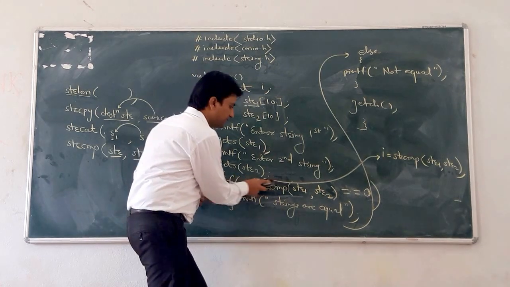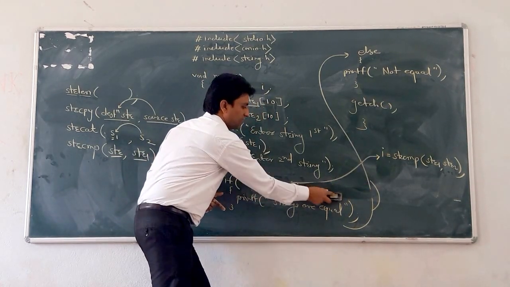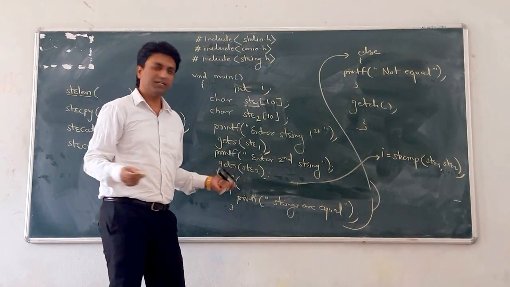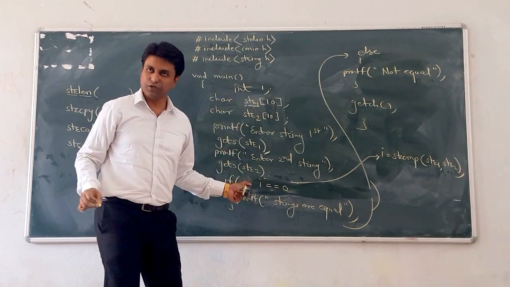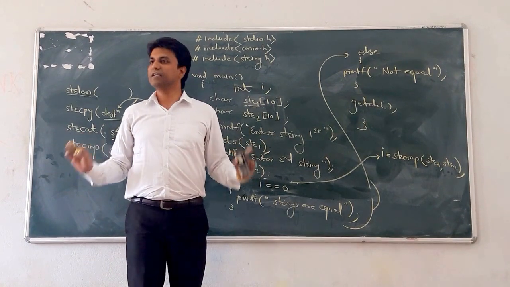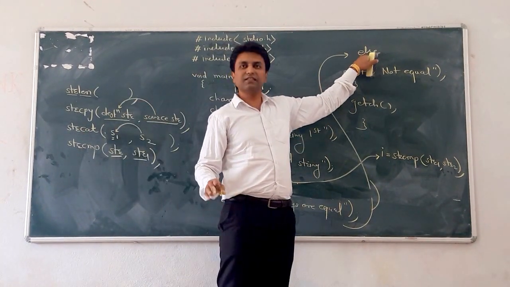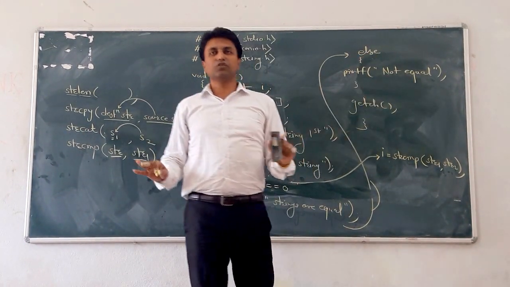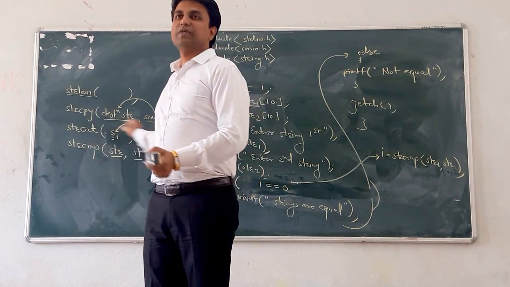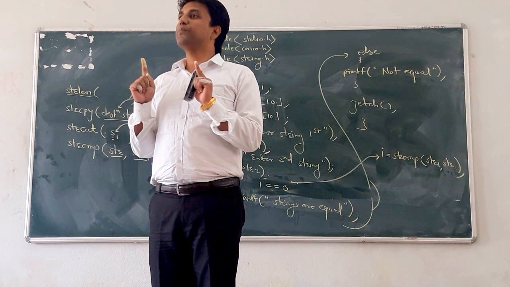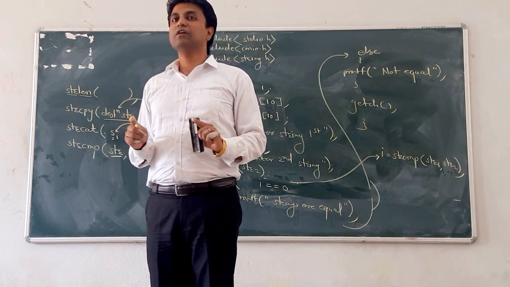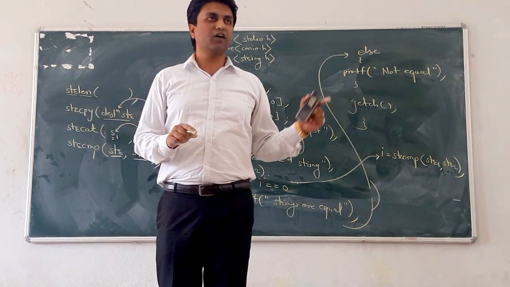आता कंडिशन चेंज करा. व्हॉट इज द कंडिशन नाउ, if i is equal to 0 then strings are equal, otherwise else नसतील तर not equal. So there are three different conditions. On the basis of that we have to execute this program, that is compare two strings and find out if two strings are equal or not.